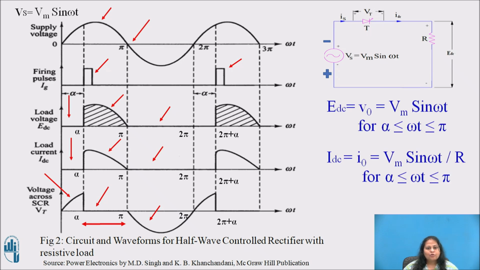Thus, we can say load voltage EDC is given by Vm sin omega t and load current IDC is Vm sin omega t upon R, where omega t varies between alpha to pi.